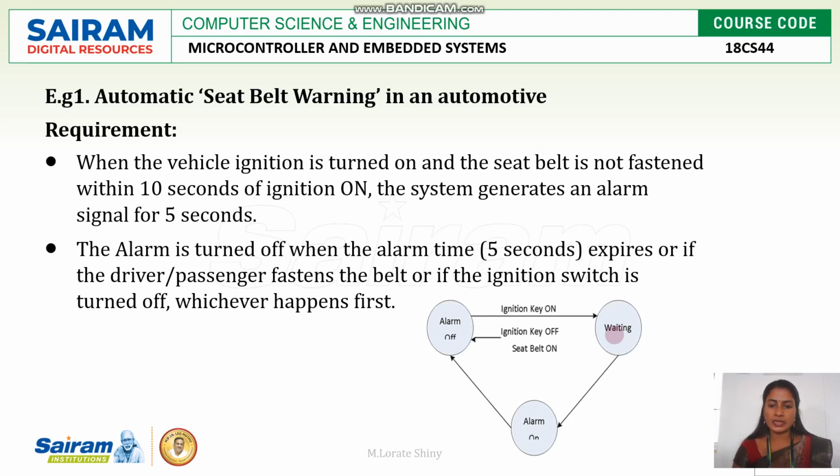If that is not happening, then the system will turn on the alarm. So the state will go to the alarm on state. Then if time expires or the seat belt is on or the ignition key is turned off, if anything happens, again the alarm will go to the off state.